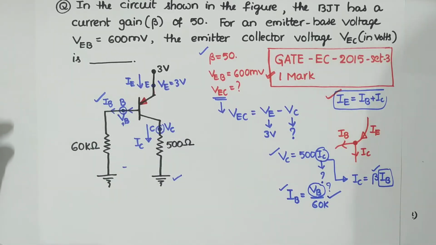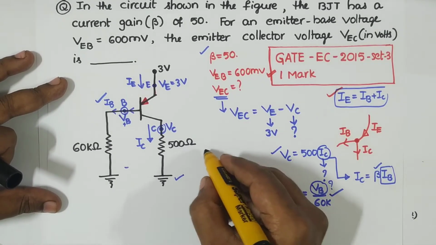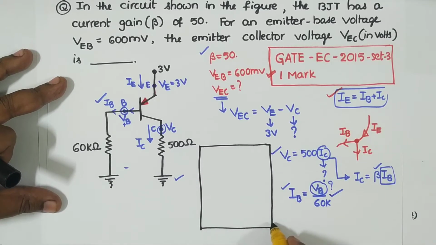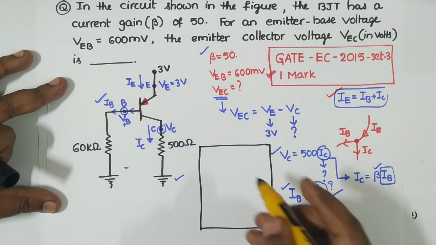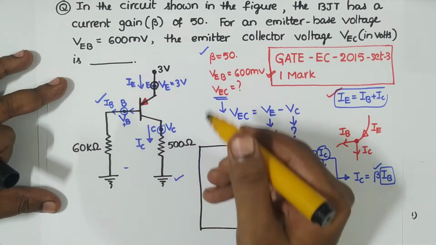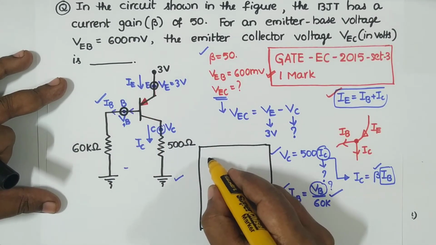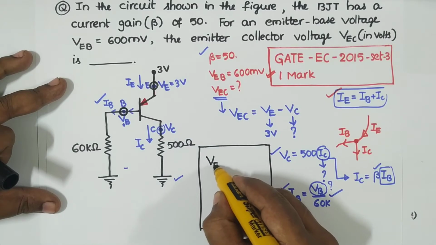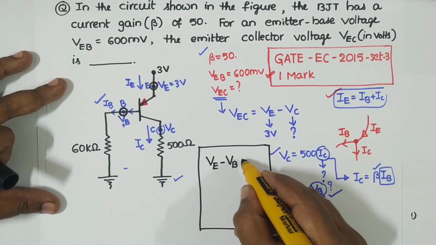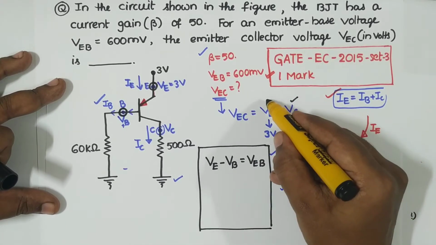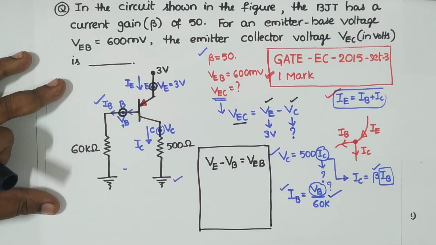Let me take another color and use this space. You focus here. This is my VE and this is my VB, so there exists a potential difference between VE and VB. Subtracting VB from VE is the meaning of VEB, just as subtracting VC from VE gives VEC.